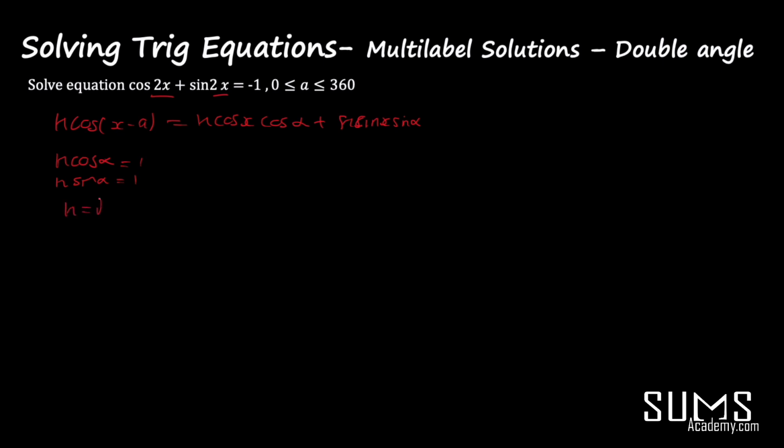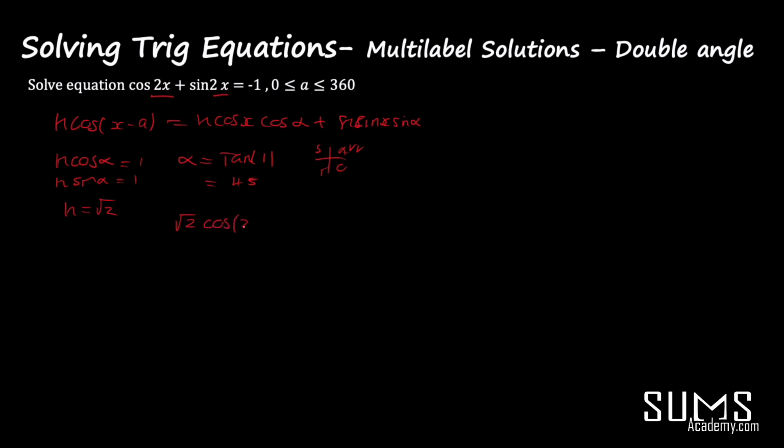K is going to be equal to √2 because 1 squared plus 1 squared, square root, is 2. Alpha is going to be equal to tan inverse of 1, which I know is 45. And then think about the quadrants, both positive, first quadrant.